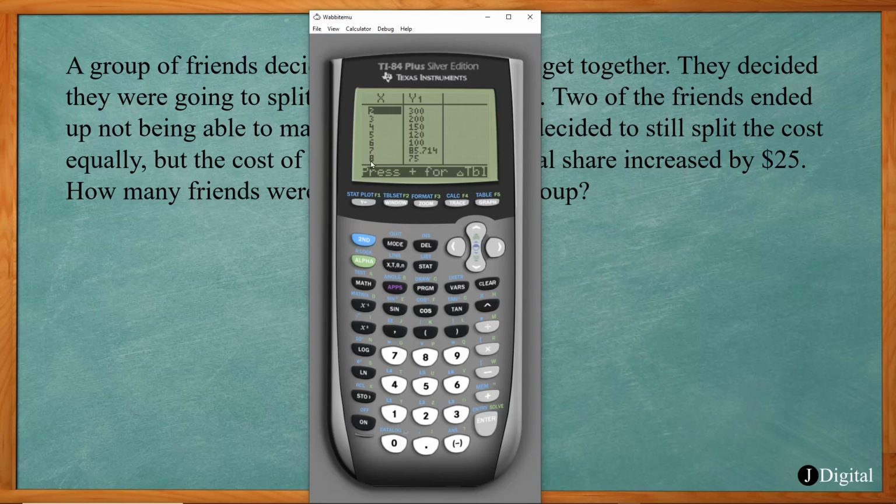Look at 6 and 8, okay, so we got $100 and $75. So then that means 8 is going to be our answer. Because at 8 people, each person's share was $75, and at 6, each person's share was $100. Okay, so that was a lot quicker than doing it the algebraic way.